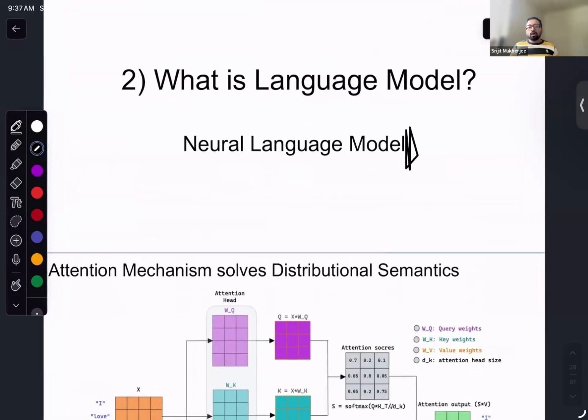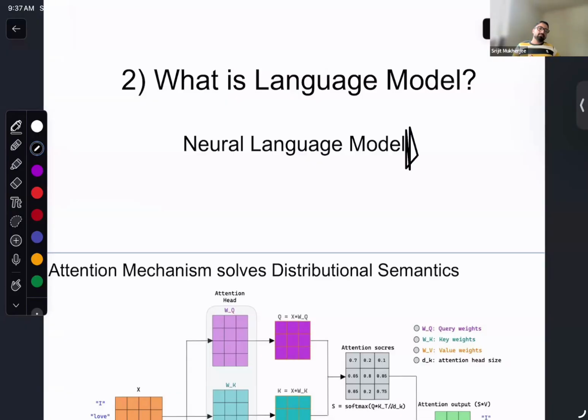So we have understood that in n-gram modeling, the position makes sense, right? So how can we use the semantic information?